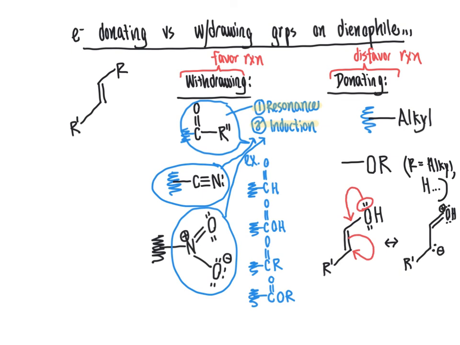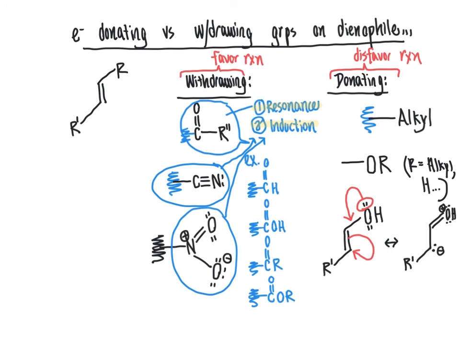But this, although a less prevalent resonance structure than the starting structure, nonetheless illustrates that the oxygen can, by resonance, donate electrons toward the pi bond of the alkene, and hence that makes this group electron donating rather than electron withdrawing, because even though the oxygen by induction would be withdrawing electrons, pulling electrons toward itself and away from the rest of the molecule, resonance is more important.